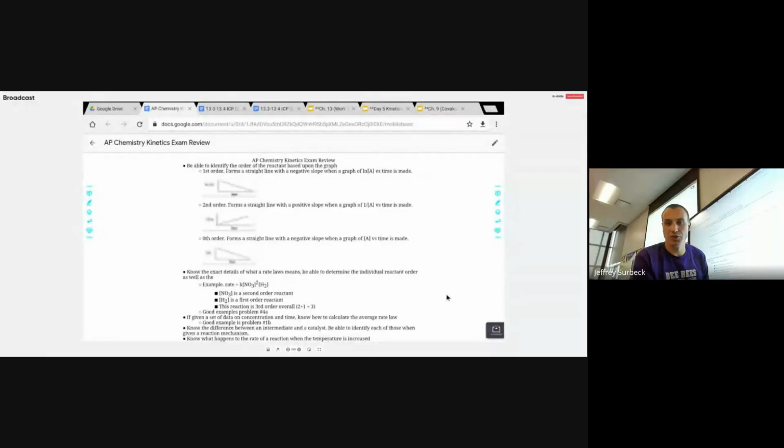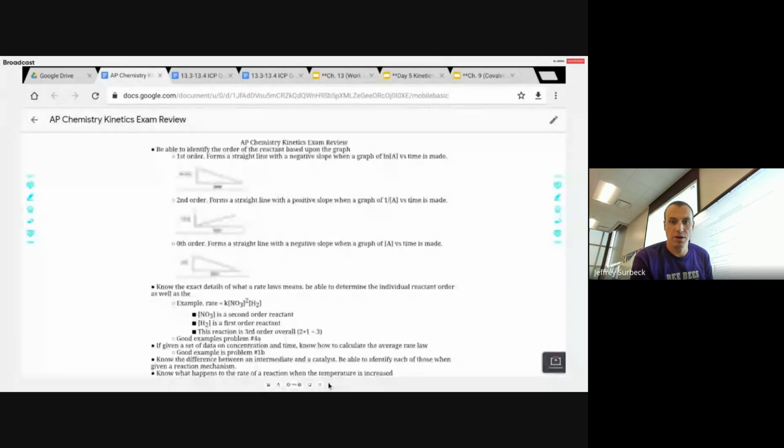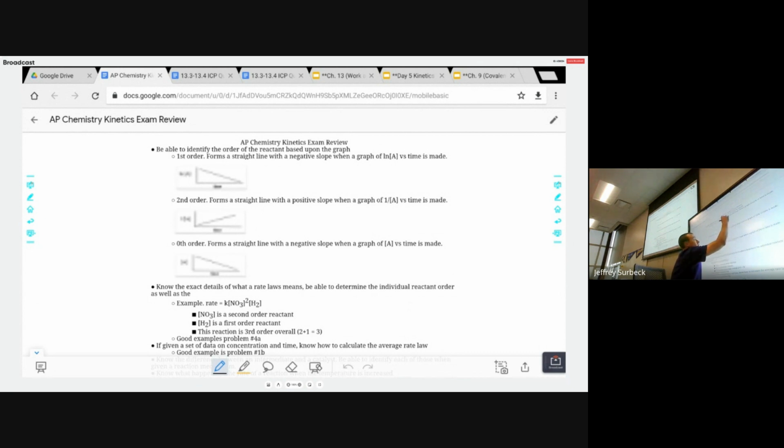All right, so with the screen that I have here, if I go full size, this is going to be 3 different questions. You have to be able to know, based on the graph, what is my order of reaction? Now, this picture didn't turn out very good. A first order is going to have a straight line graph.